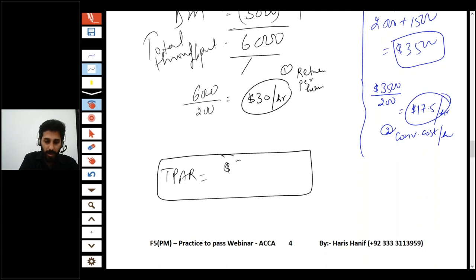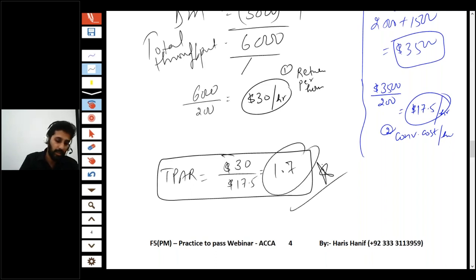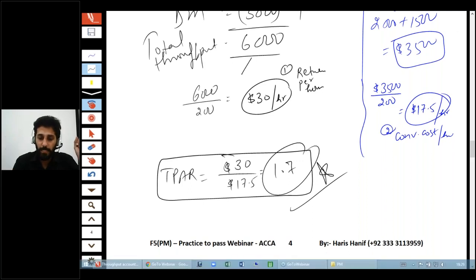That is return per hour 30 over cost per hour 17.5. That's 1.7. That's the TPAR, right? Labor cost is assumed to be fixed. That is why we did not consider that.